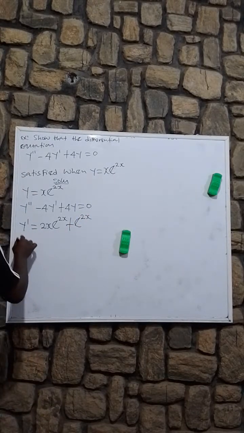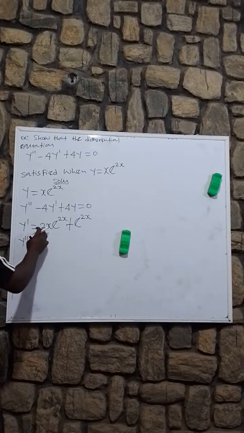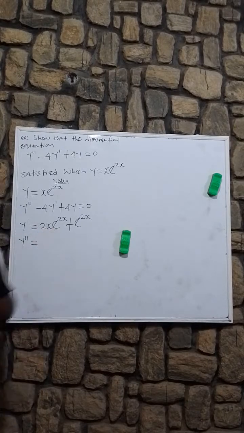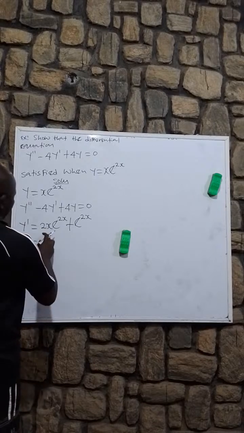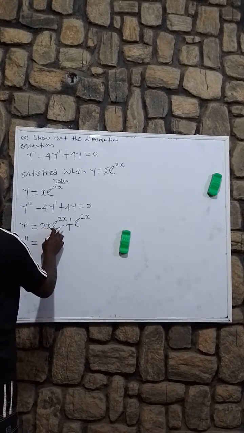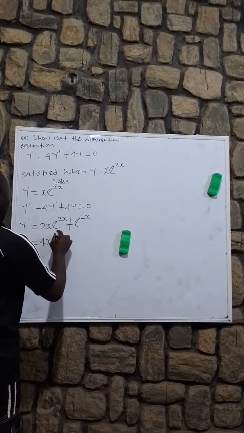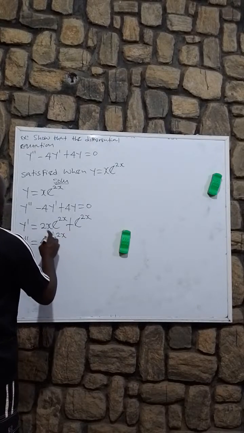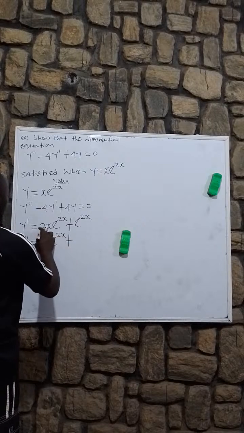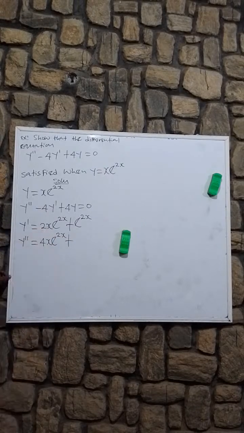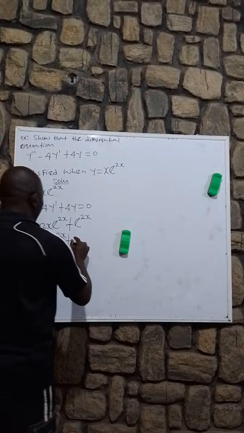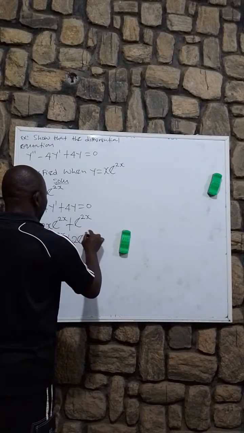Then y double prime, we use the product rule. We hold 2x, differentiate exponential 2x is 2, multiply to get 4x exponential 2x. Then hold this, differentiate 2x, you have 2 times exponential 2x.